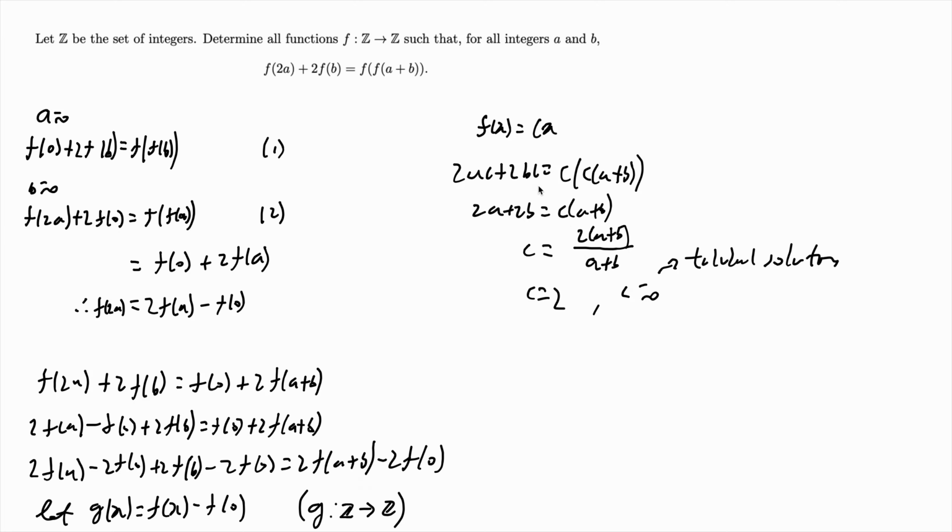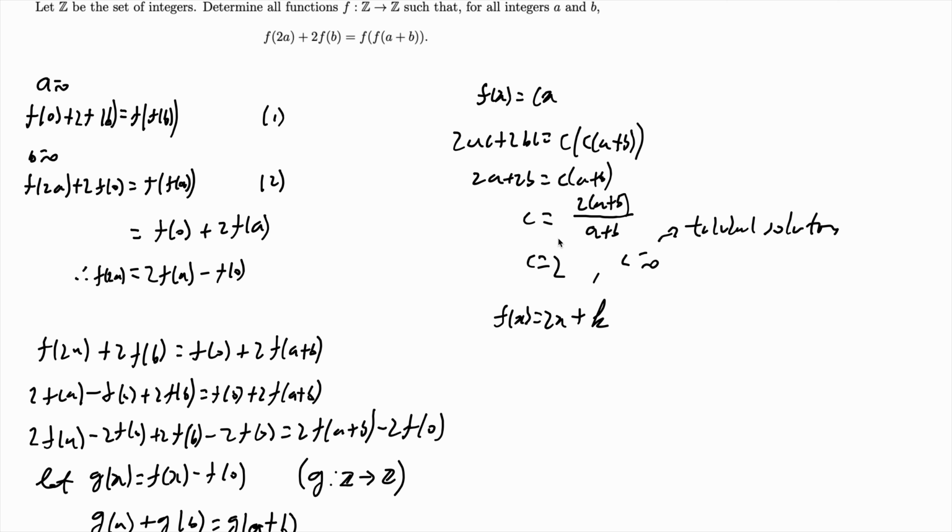Now, notice that I think we can move our thing. So f of x equals 2x plus k. We need to see if this also works, because now I think it works, but just in case, we have 4a plus k plus 4b plus 2k equals f of 2a plus 2b plus k.